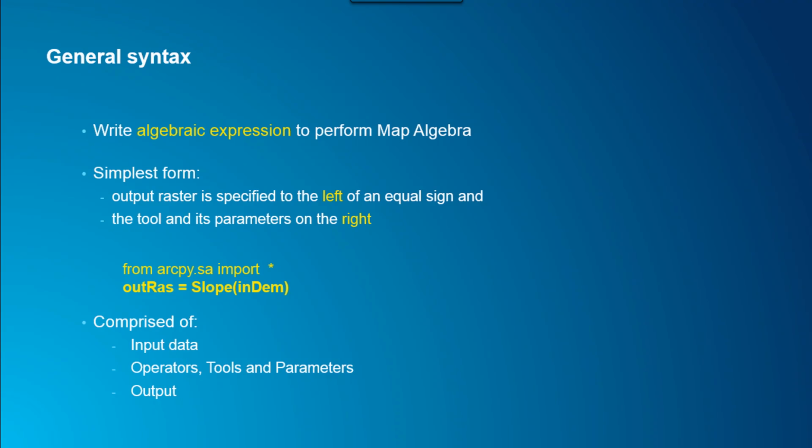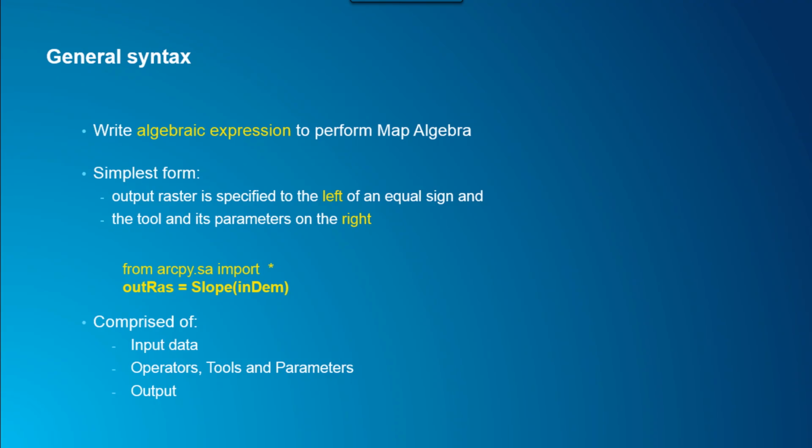In the following example, we're saying from arcpy.sa import *, and then outRaster, that's my output, equals Slope and my input. So you see output on the left-hand side, input on the right-hand side, right?